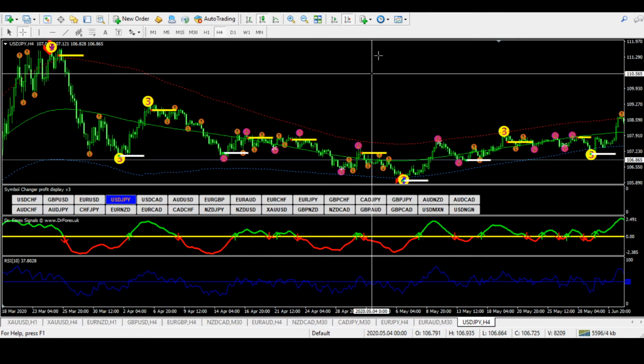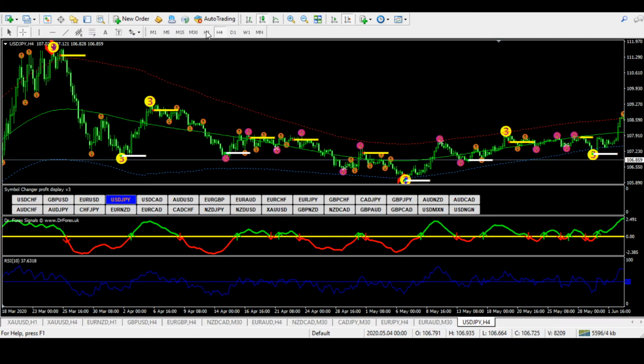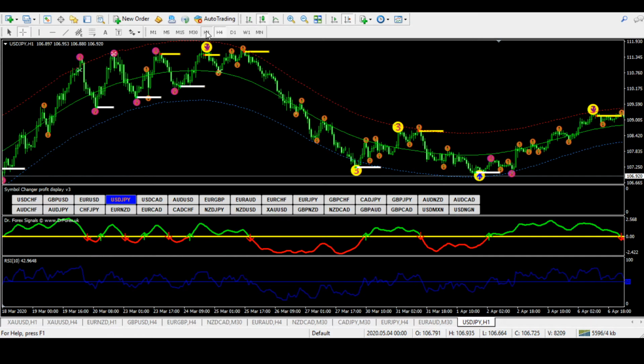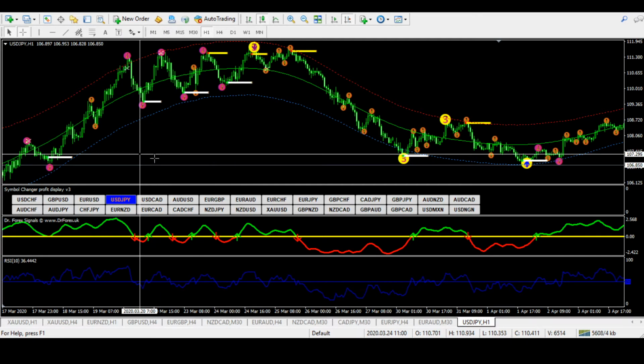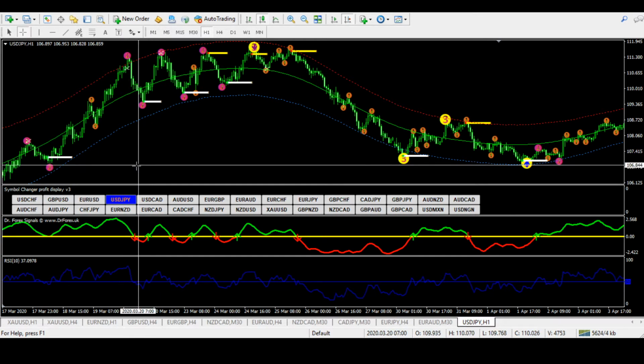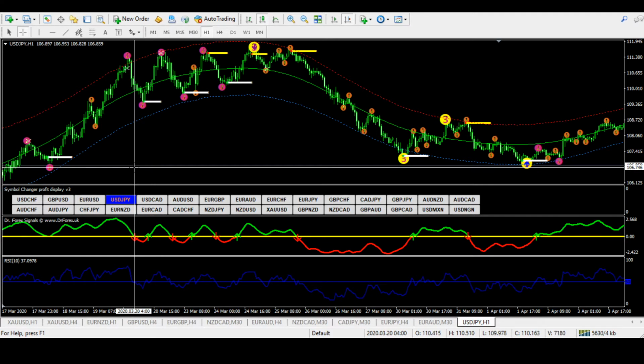All right, so let's move on to another time frame with this same strategy. Let's check the 1-hour time frame. Okay, so we have our 1-hour time frame. Let's just take a random point. Okay, so this is a red signal, which is supposed to be a sell.